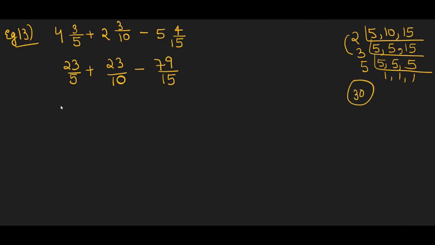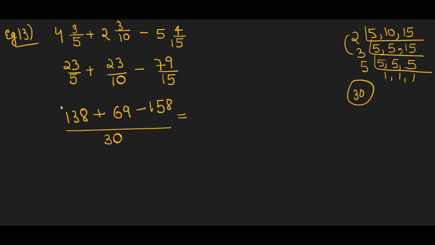Now 30, 5 6s are 30, and 23 into 6 is 138. 10 into 3 is 30. So 23 into 3 will be 69. 15 into 2 is 30, so 79 into 2 will be minus 158.